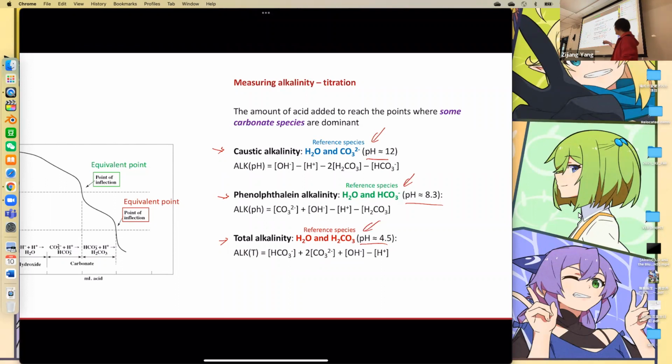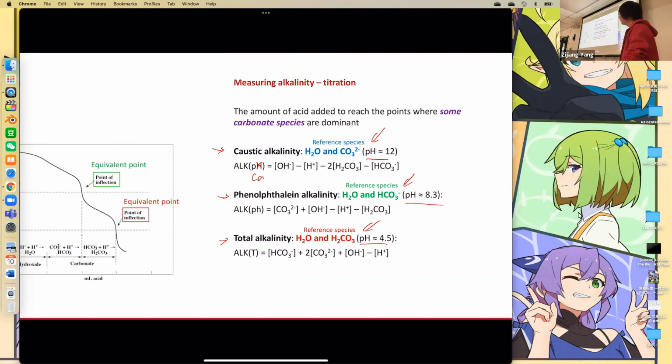So basically, these alkalinities are a function of pH. This should be Ca because this is caustic alkalinity. So we can say that they are functions of the concentration of each component in the water.